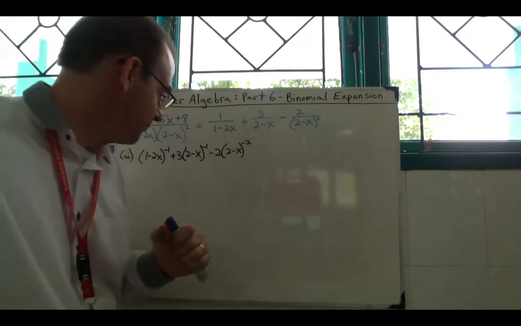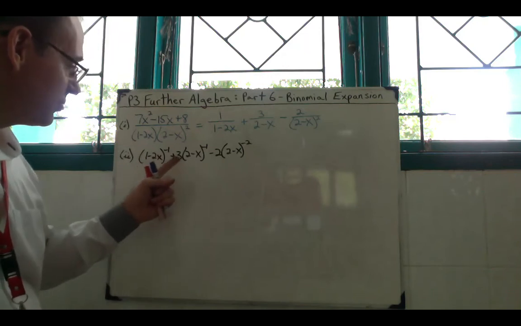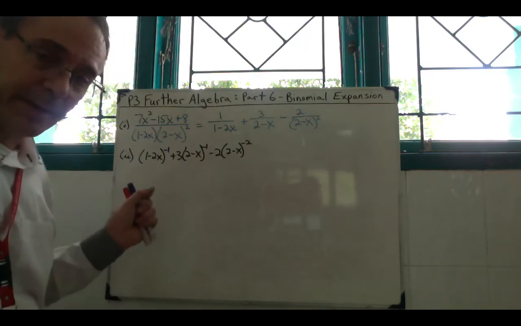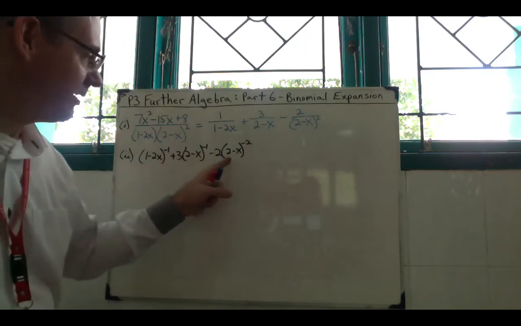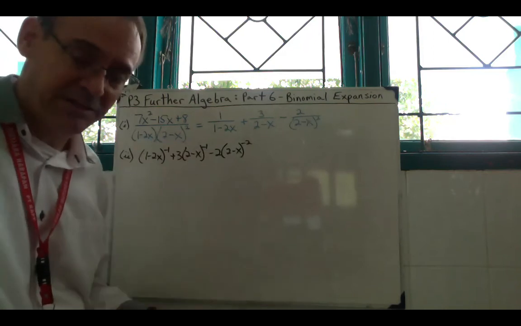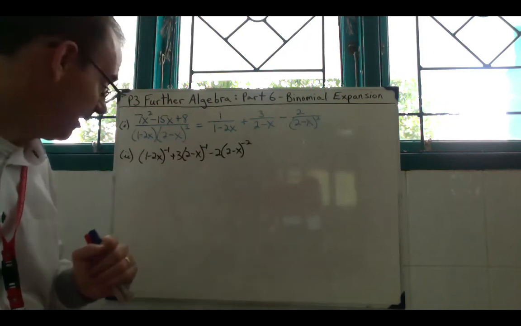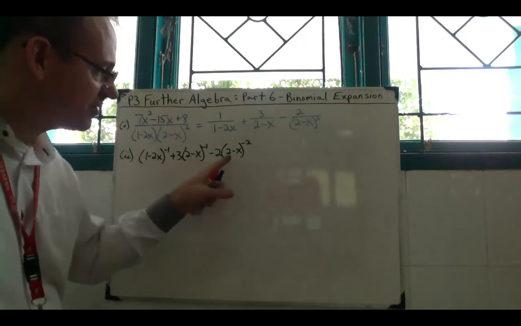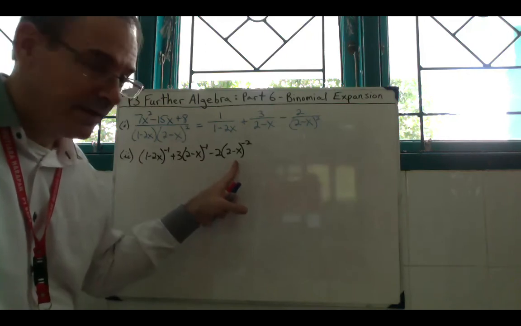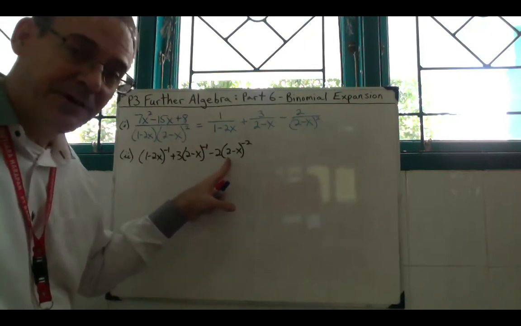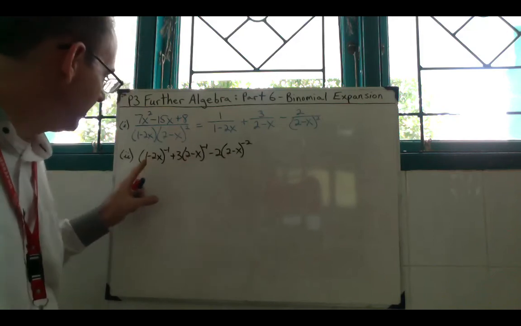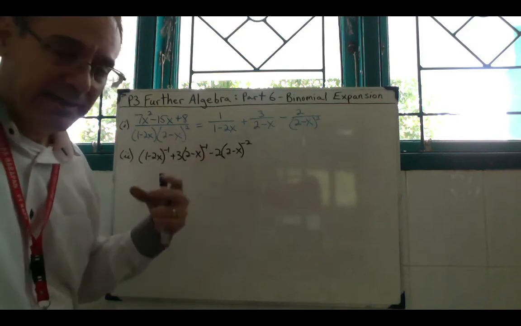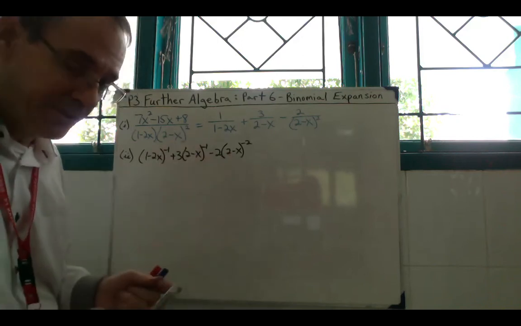Step number 2 is to make sure that the number is in the front. We want the number of the binomial in the front, and it already is. We don't have to switch anything around, so you want to make sure you have that. Number 3, we need to factor these factors so that there's a 1 in the front of the binomial.